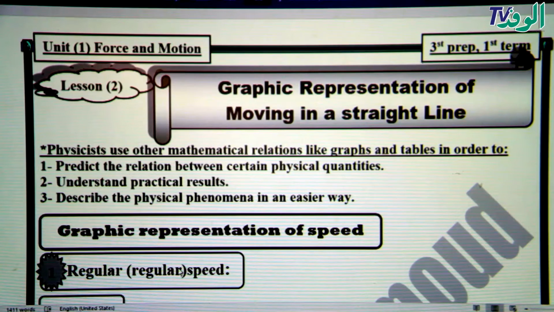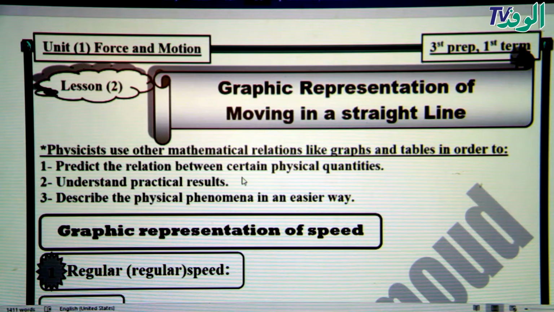Of course, why? If I ask you, give a reason. Physicists use other mathematical relationships like graphs and tables. Why? The answer is in order to, number one, predict the relation between certain physical quantities.